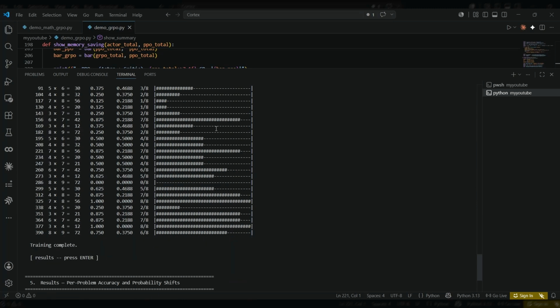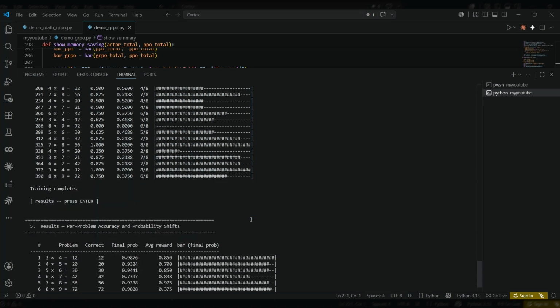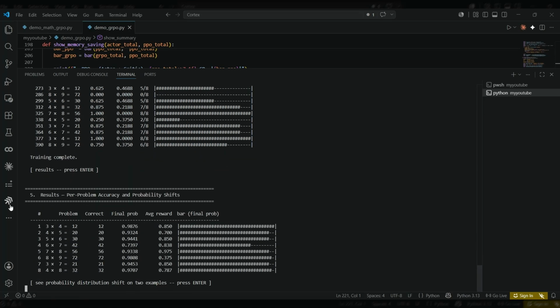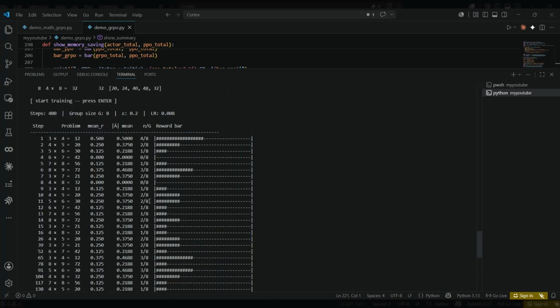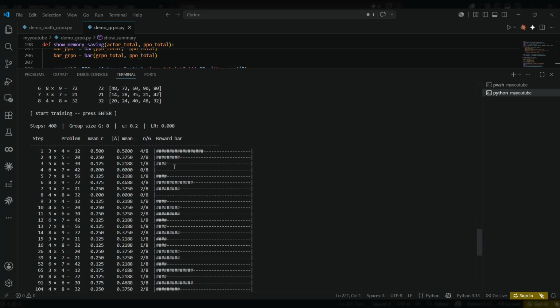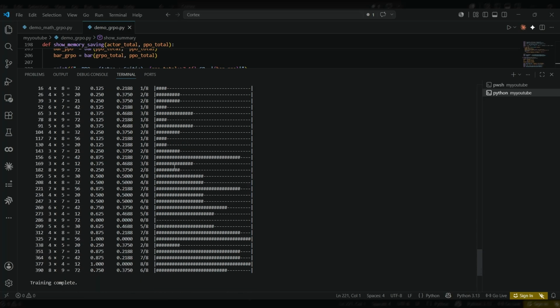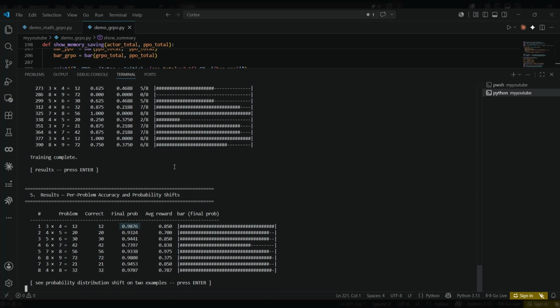So this is a reward bar. See how it's increasing for the correct samples. This is the result: the average reward given for the correct steps is 0.85. And what is the final probability? After our training, initially it was zero or very low, but slowly and steadily we steered the model towards the correct answer, and this is the final bar.